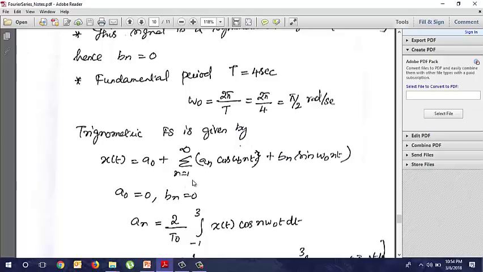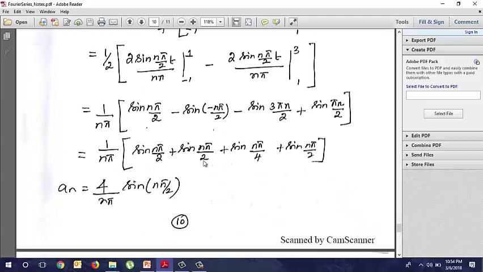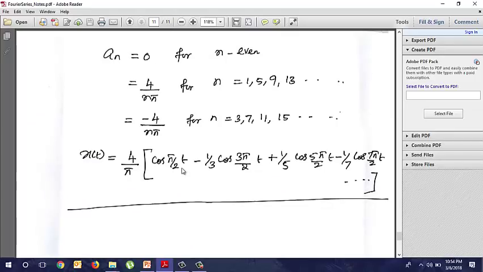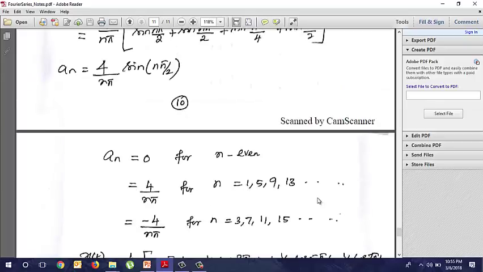For n equal to 3, it becomes A3 cos 3 omega naught t. So that's what we have written in the last statement. So cos pi by 2 t, and for the next value it will become minus 1 by 3 cos 3 pi by 2 t, plus for 5 it will be plus 1 by 5 cos 5 pi by 2 t, and for 7 it will be minus 1 by 7 cos. So this is the Fourier series expression of the given square wave signal.